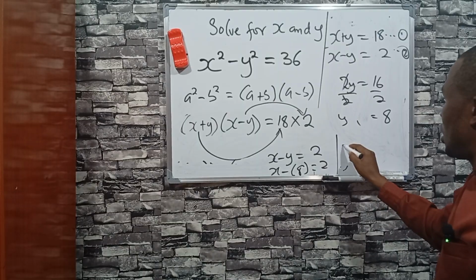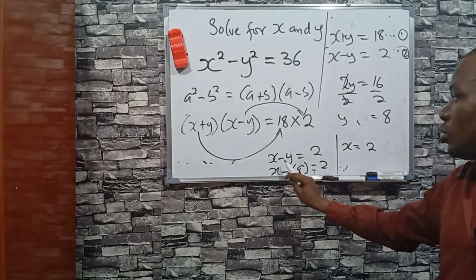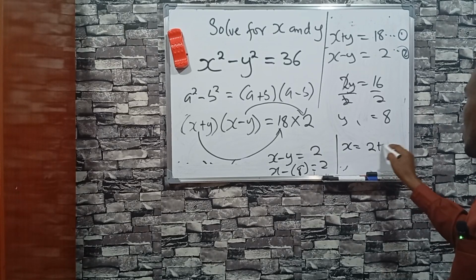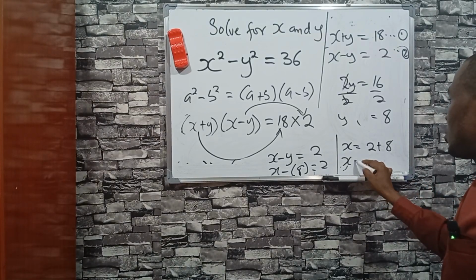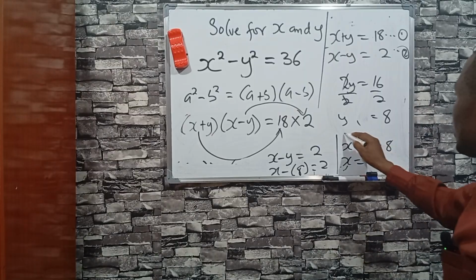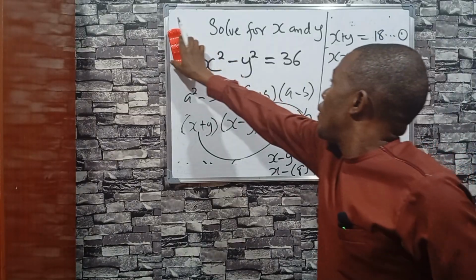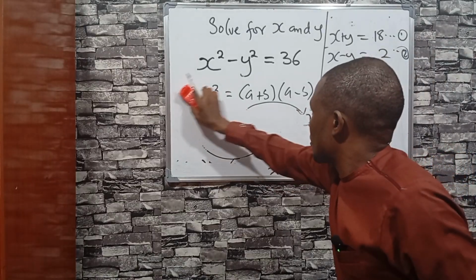That means x equals 2 plus 8, the 8 crosses over to be a positive number, so x equals 10. That means x equals 10 and y equals 8.